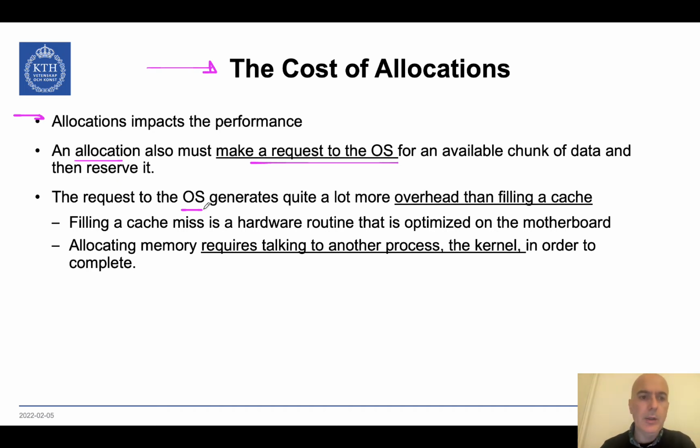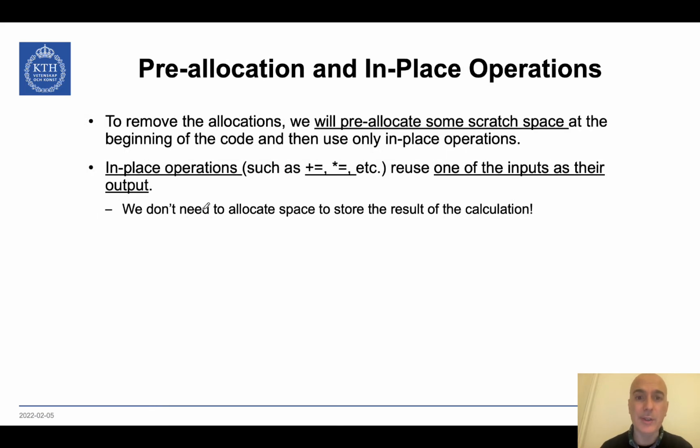The allocating memory operation is not handled by hardware. Instead, it is handled by software with a request to the operating system. Allocating memory requires talking to another process, in this case the kernel, in order to complete. So memory allocation costs time.